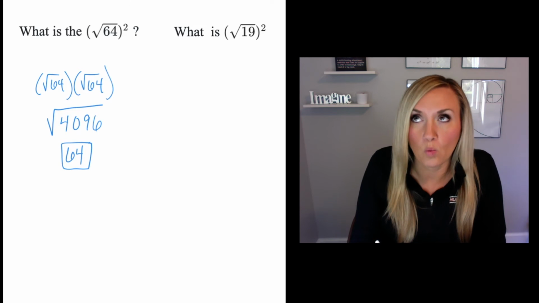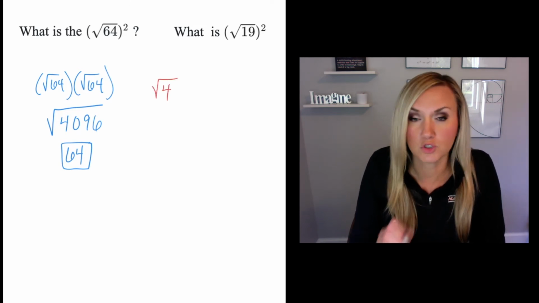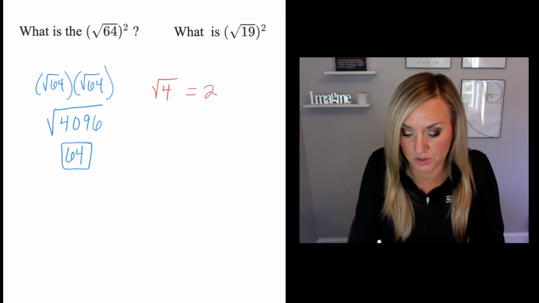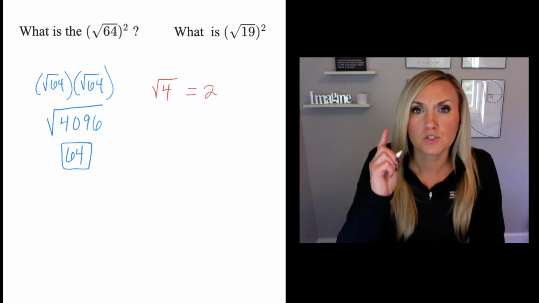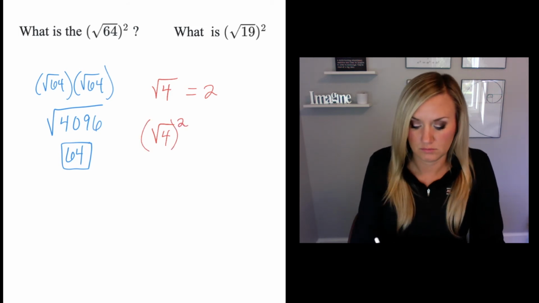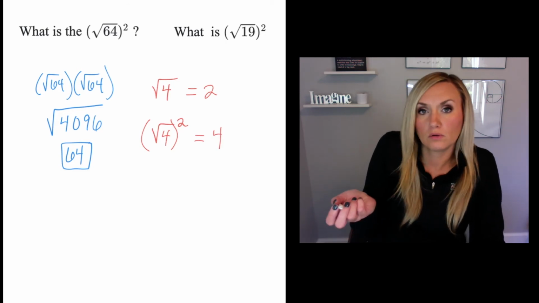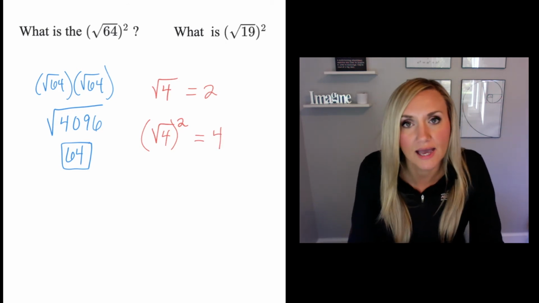Okay, so what if I did the square root of 4? Because we know the square root of 4 is 2. So what happens if I take the square root of 4 and I square it? I'm just left with 4, right? But why does that happen?